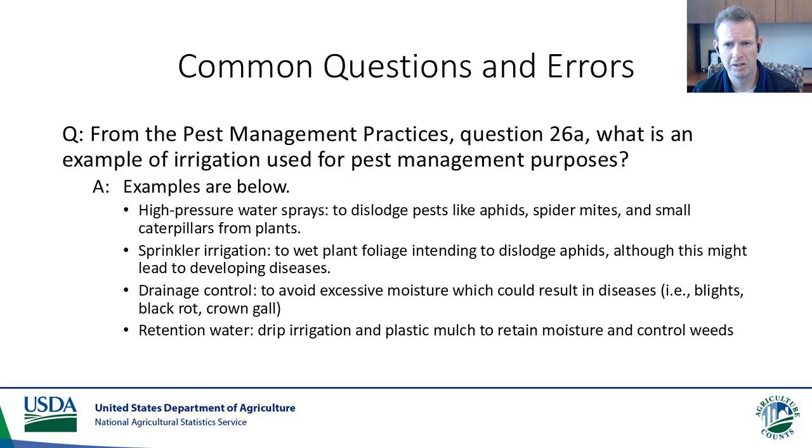Sprinkler irrigation to wet plant foliage intended to dislodge pests. Drainage control to avoid excessive moisture to combat disease. Retention water, drip irrigation, and plastic mulch to retain moisture and control weeds.